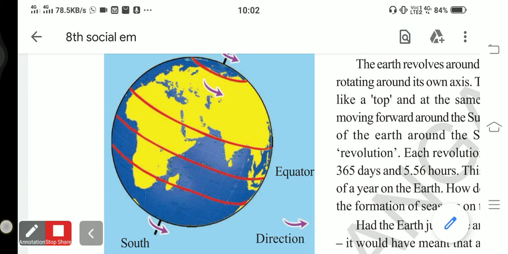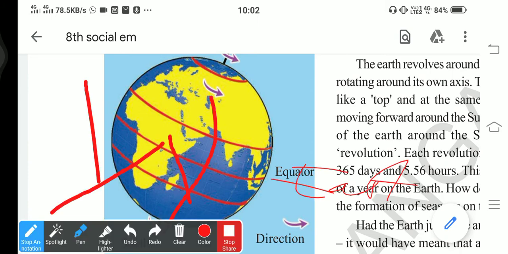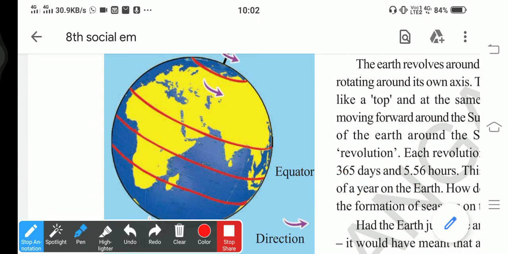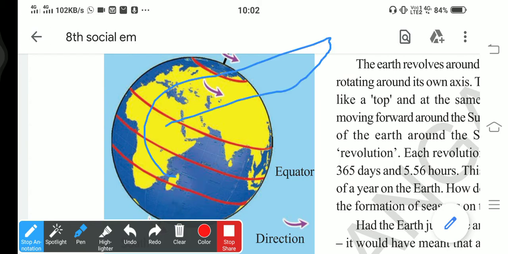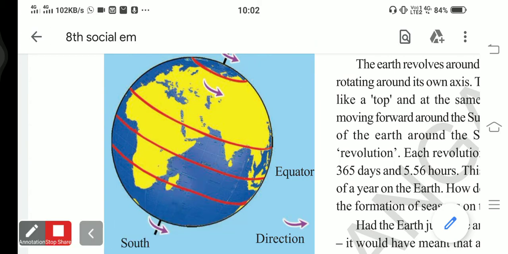Dear students, I'll show you here. Look at here. This is east, and this is west, right? When it is rotating from west to east, the sun rays first fall on the east.